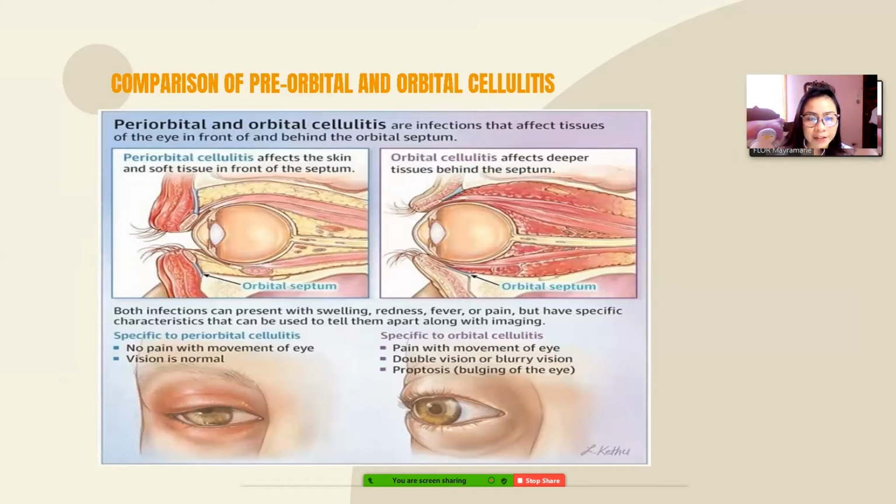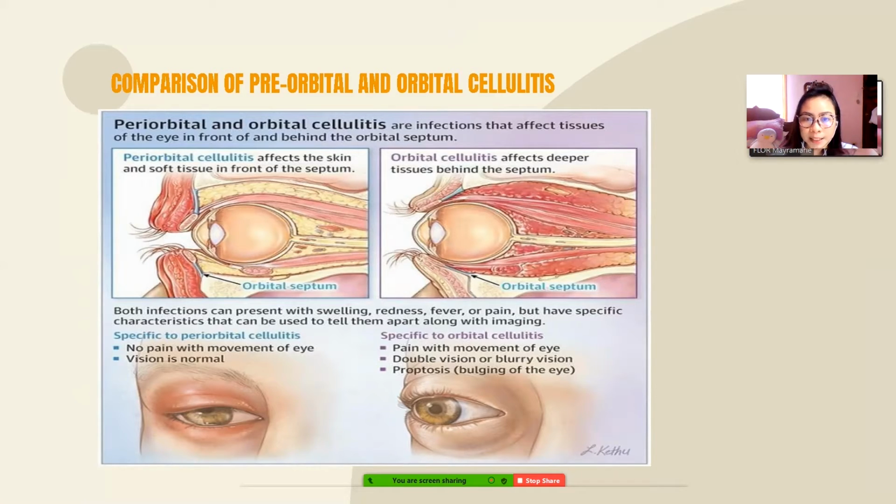So we have here a comparison of periorbital and orbital cellulitis. Both are infections that affect the tissue of the eye in front of and behind the orbital septum. Periorbital cellulitis affects the skin and soft tissues in front of the septum, and has no pain with movements of the eye, and vision is normal.